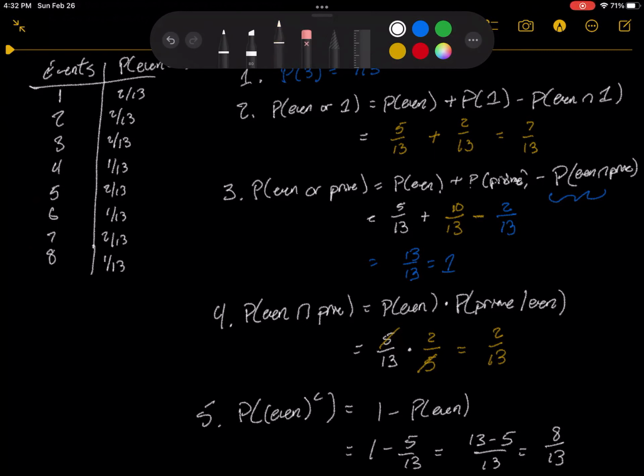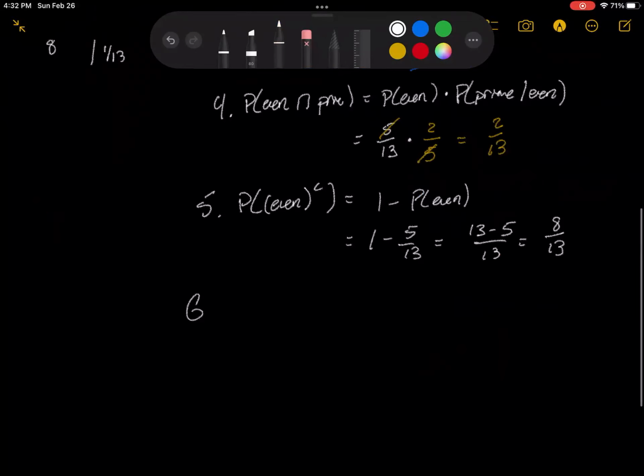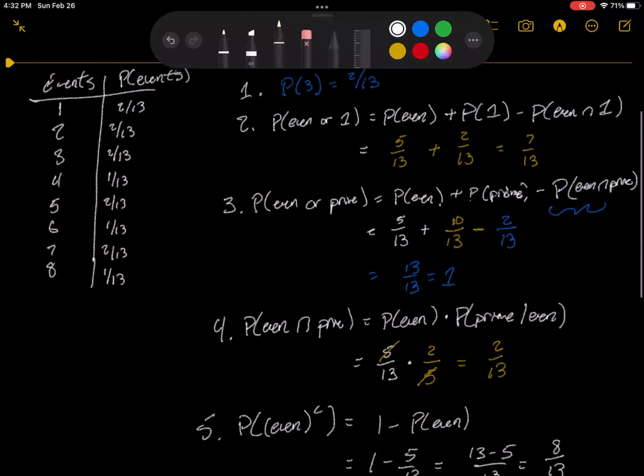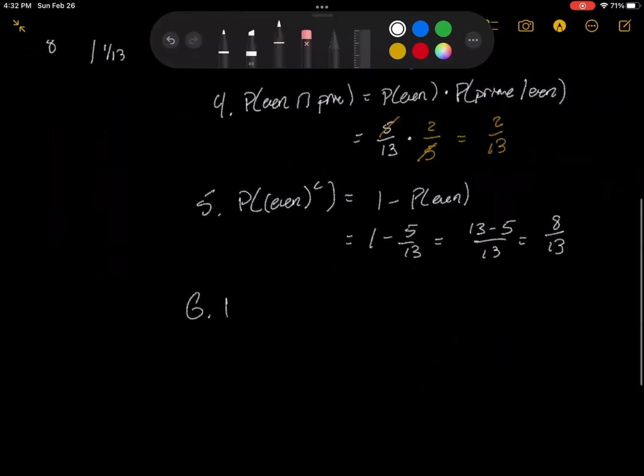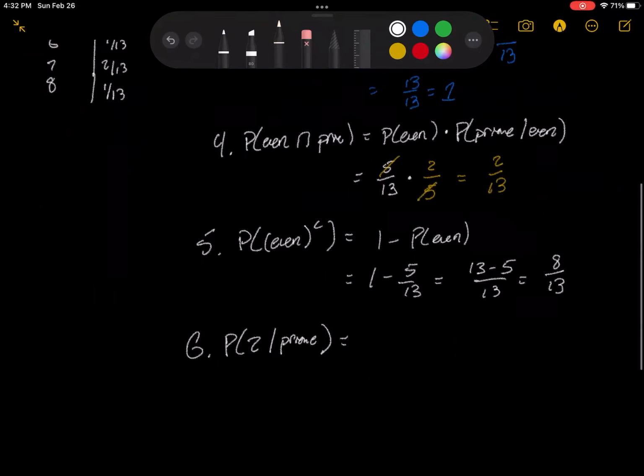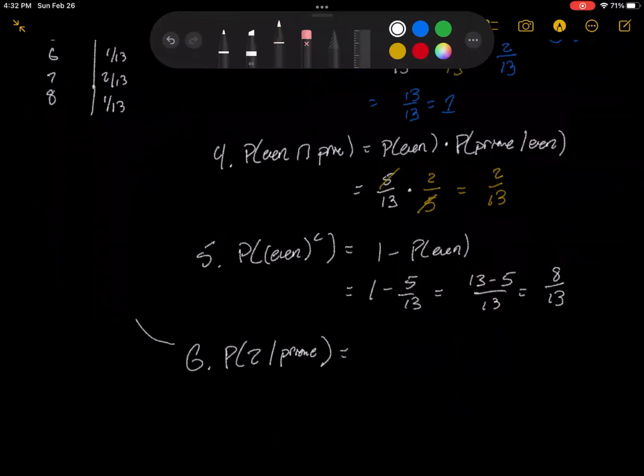All right, last one. Number 6. Give the probability of rolling a 2 given that we rolled a prime number. So the probability of a 2 given that we know we drew a prime. This equation is just a rearrangement of the multiplication equation, right? What are the chances that we rolled a 2?